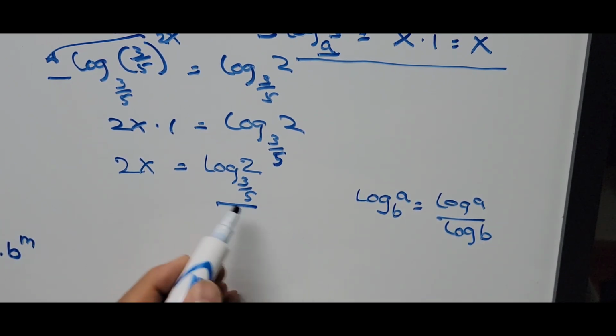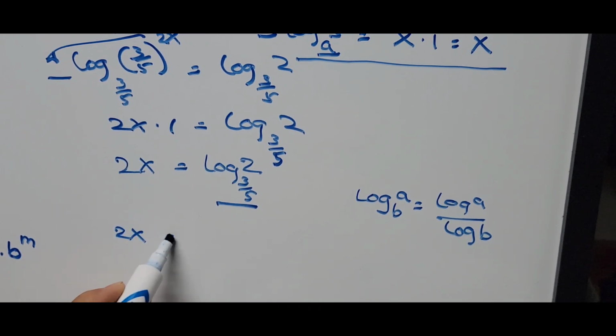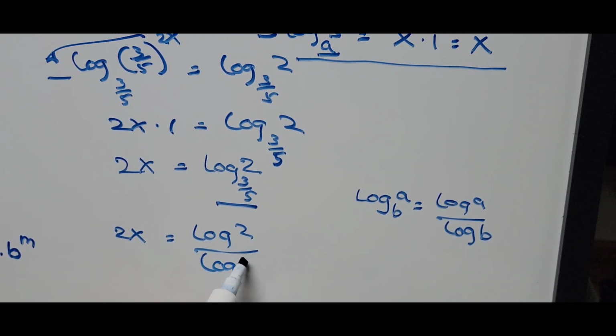So we use that on the right side of the equation. So this is now 2x equals log of 2 divided by log of 3/5. And this is now simply just base 10.